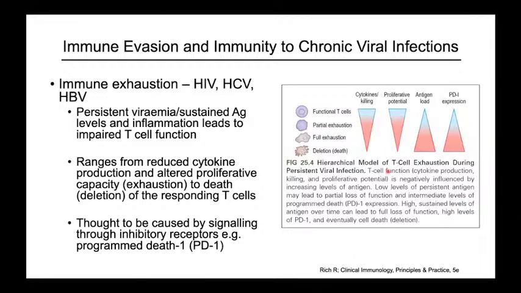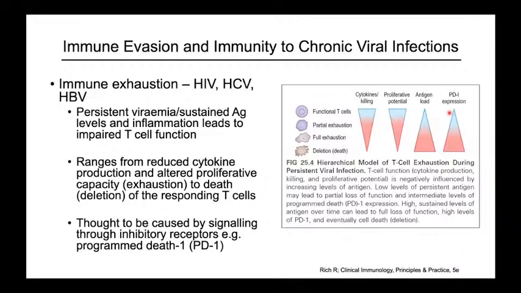This has actually been taken advantage of to be used as one of the immunotherapeutic mechanisms for certain cancers, where you're giving a monoclonal antibody against the inhibitory receptors, because cancers also tend to do this so that they evade immune response. You get upregulation of these inhibitory receptors.